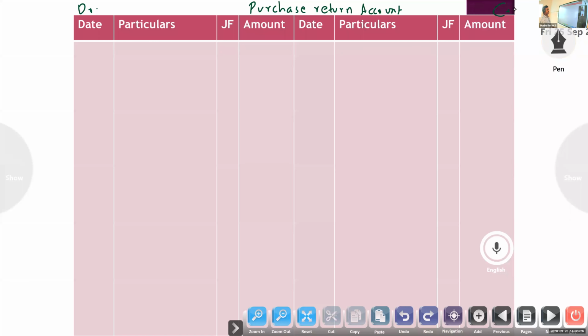Purchase is debit, purchase return is credit. So on the credit side, the closing date you write 31st 1 14, by sundries, amount 6050. Next, to balance c/d, same date, 6050.